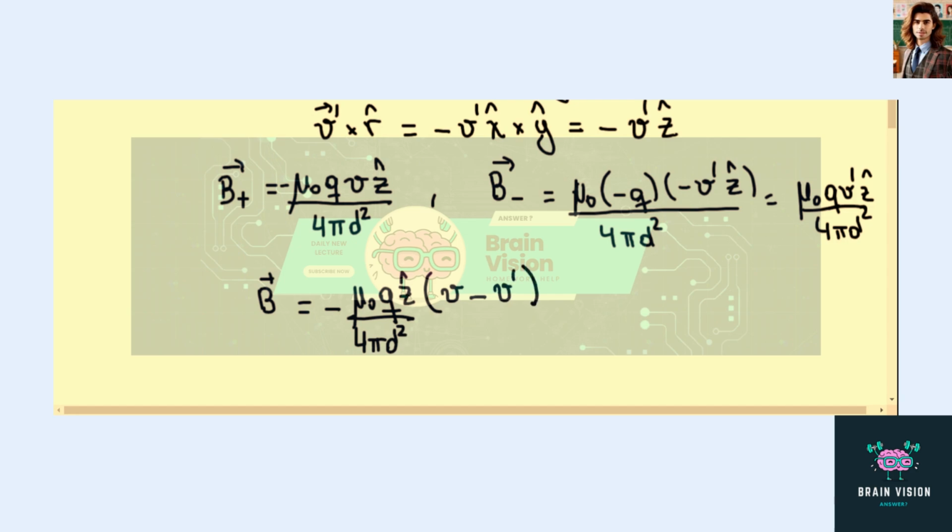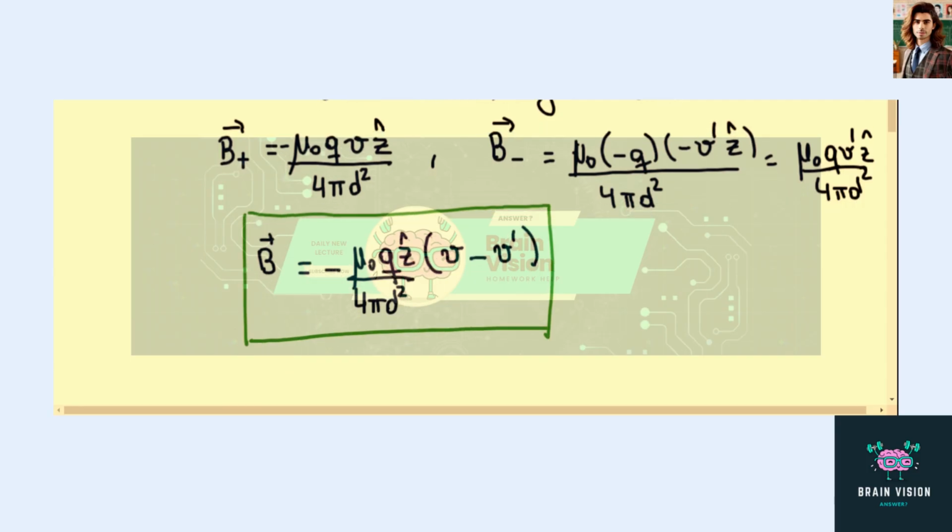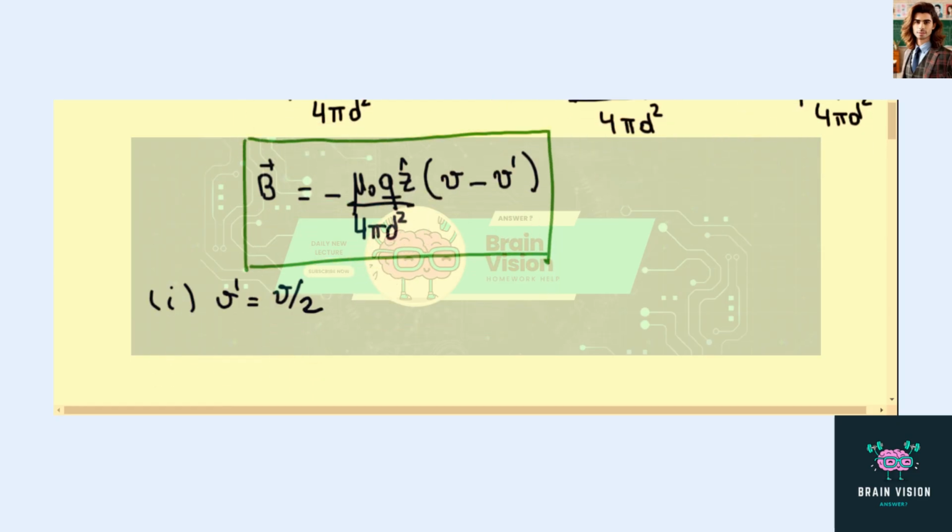Okay, this is a general solution, and I'm going to apply it to all the cases that the exercise gives us. In the first case, where v prime is v over 2, then v minus v prime is v over 2.